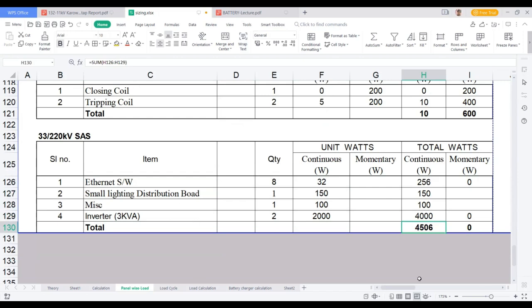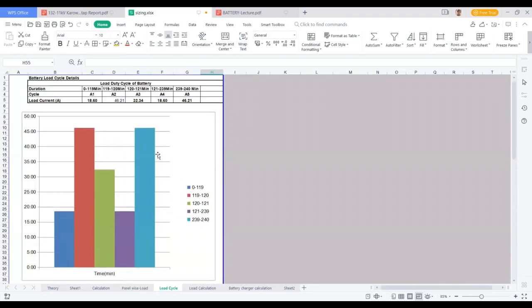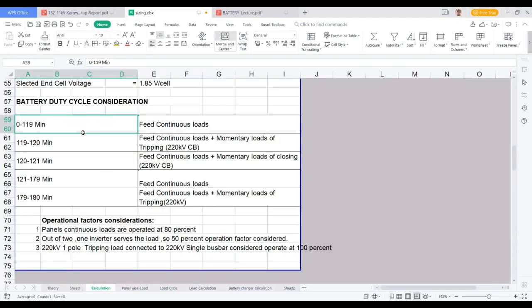When I am done with these loads, I am preparing a load cycle. I am considering that from 0 to 119 minutes it's feeding continuous loads. The continuous loads will be common for all, you can see.